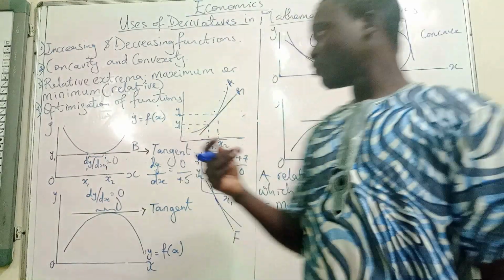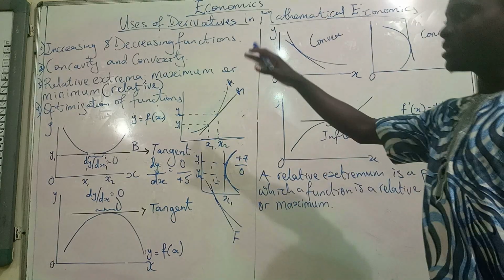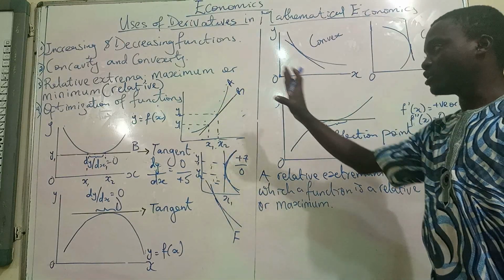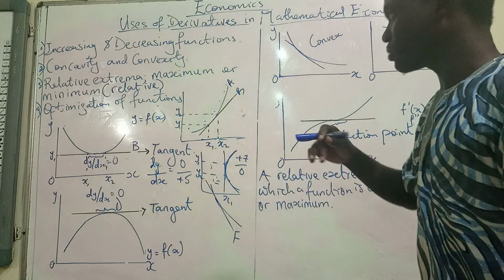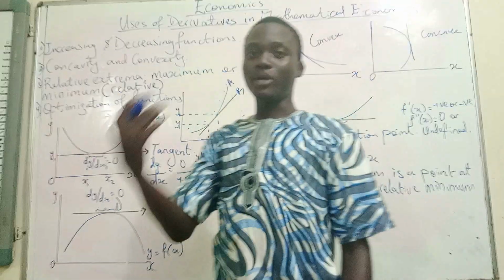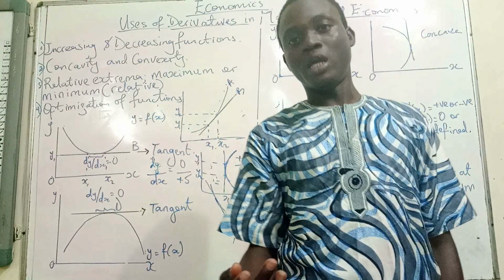Now, let's move to the next one. For optimization of functions, this is what economics is basically concerned with. This is just a way of deriving the relative maximum and relative minimum of a function without the use of a graph.